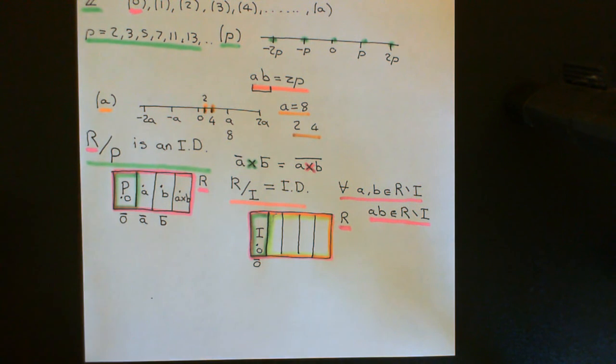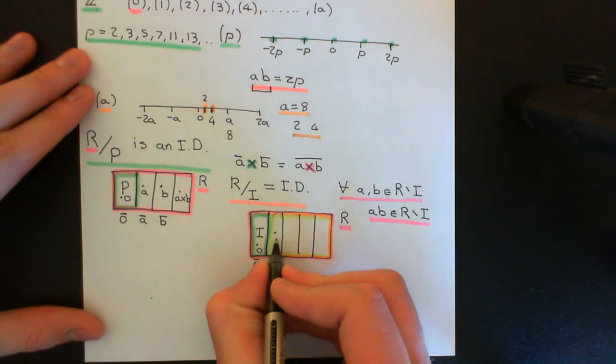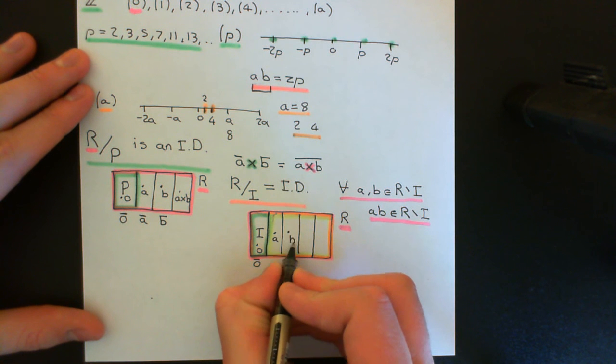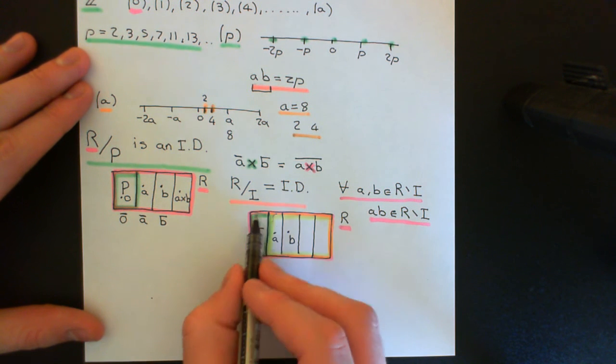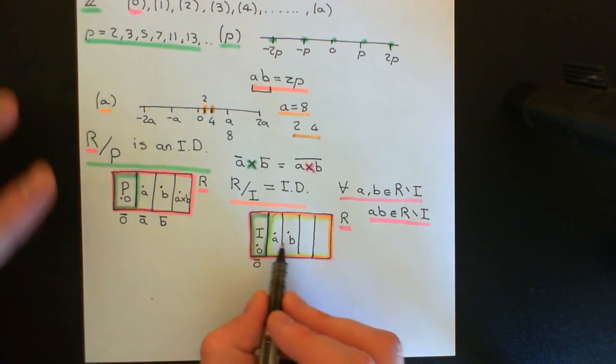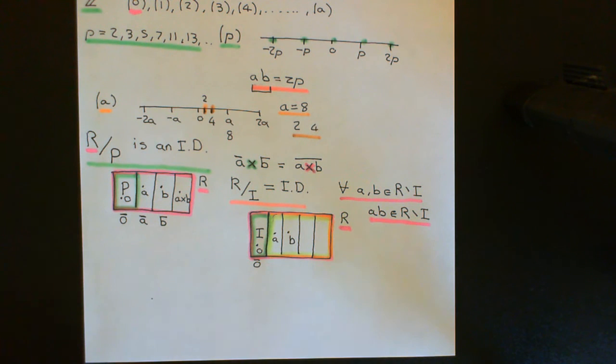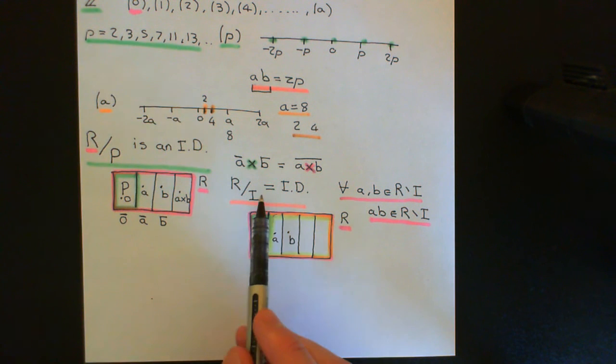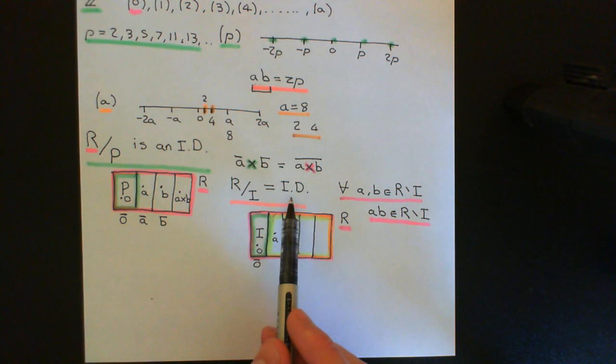Okay, so in the picture here, we're just taking an arbitrary little a here, and an arbitrary little b outside of the ideal, so clearly they're nicely outside of the ideal in my picture. And of course, we're now trying to gain some insight into what the product of these two is. Now the only thing we're given here is that the quotient ring is an integral domain, so we're somehow going to have to use that.